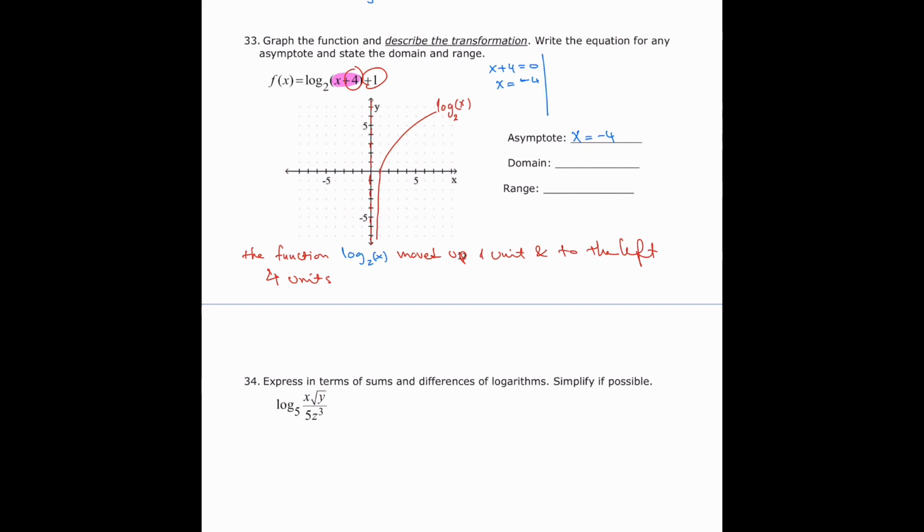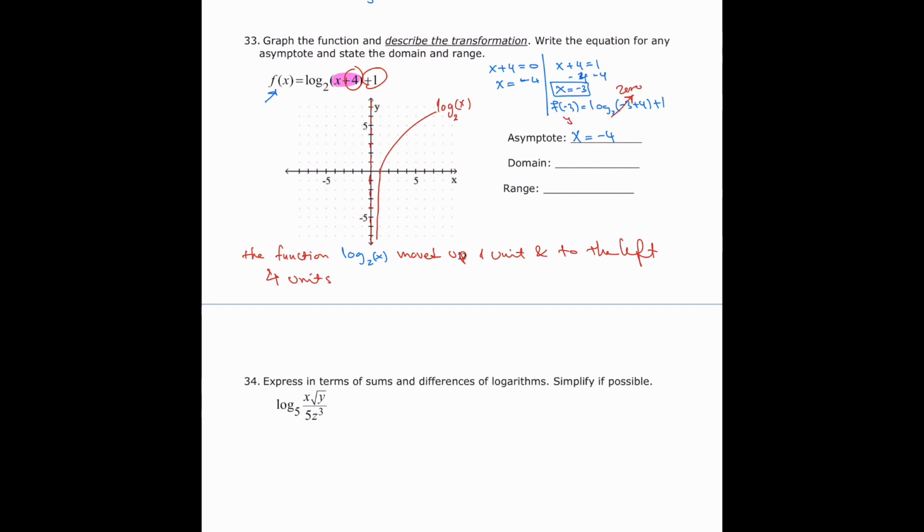Next step, we need to find a few other points. We're going to make the argument equal to 1, and that will give me x is equal to -3. Now I will plug that back into f of x. So f of negative 3 is equal to log base 2 of negative 3 plus 4, plus 1. This is going to become 0 plus 1.